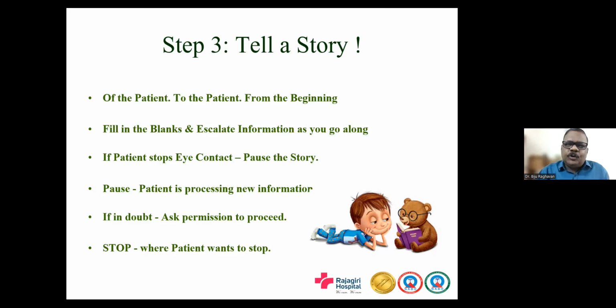Do you want to know more?" Or some statements like that. Then if the patient wants to know more, the patient will look at you and then you can continue the story. If at a certain point the patient does not want to look at you, that means the patient has had enough. That is the point you stop the story.